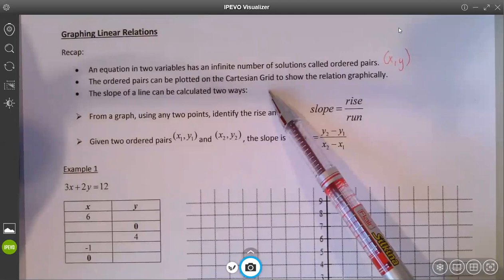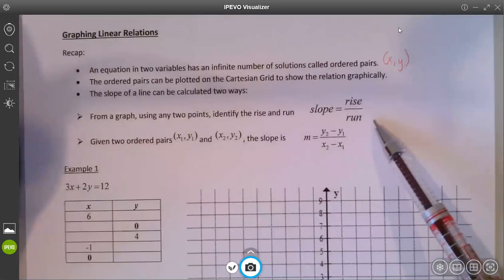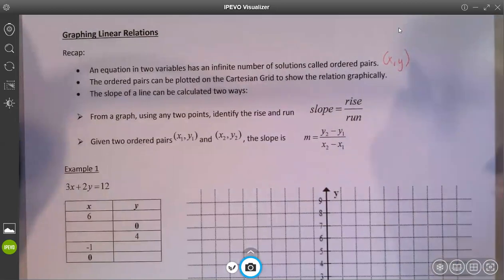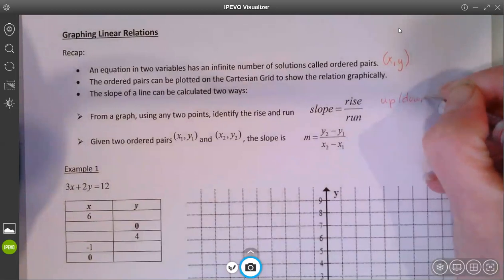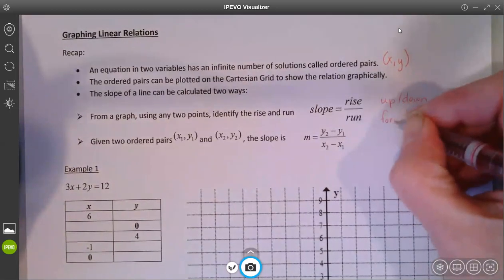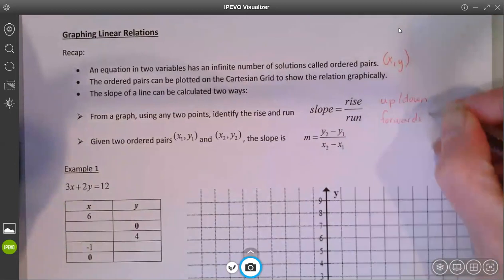And in last week's lessons, you looked at calculating the slope using rise over run, rise being your vertical up and down, and the run being forwards and backwards.